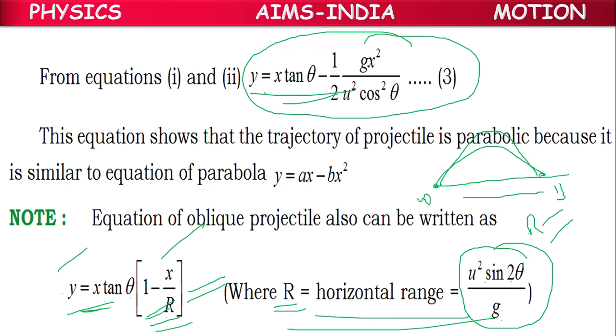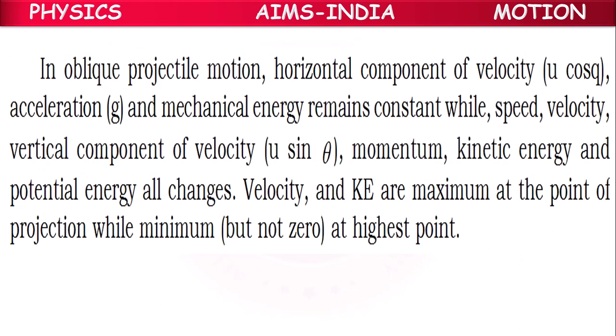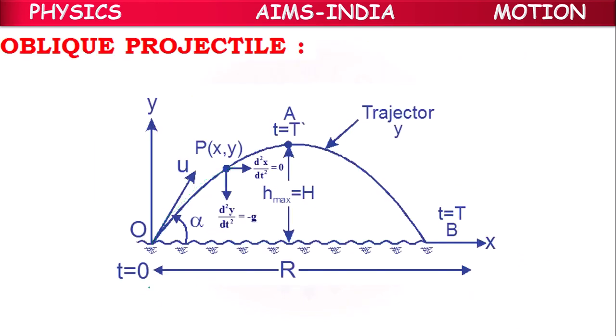So here, children, that's why we have drawn the projectile as a parabola. Why? The projectile equation is similar to a parabolic or quadratic equation, so its shape will be like a parabola, and we can write its equation in two ways.